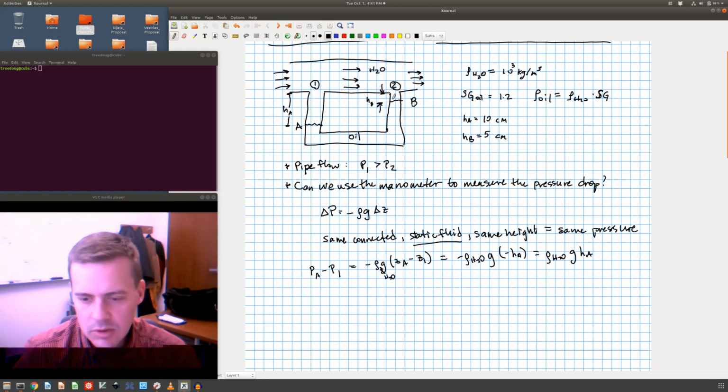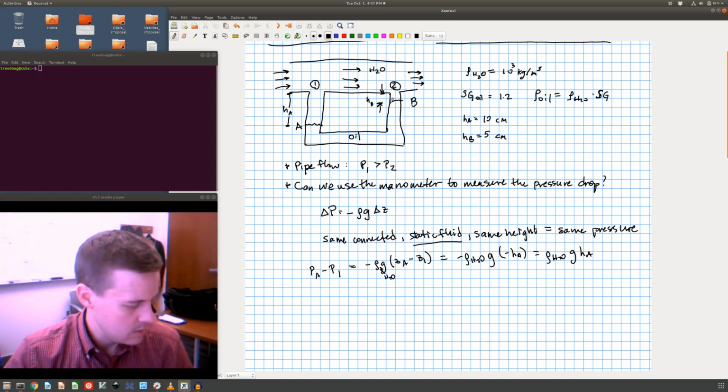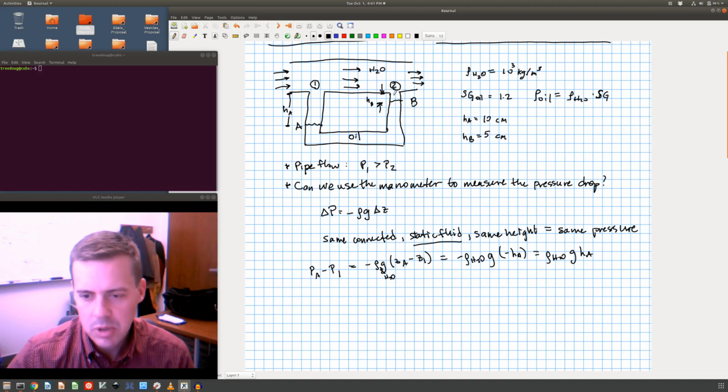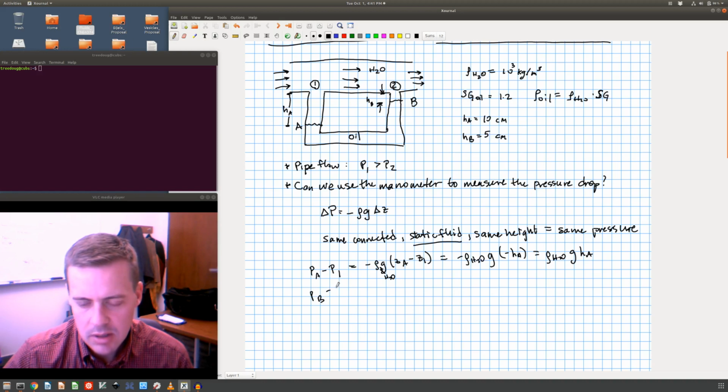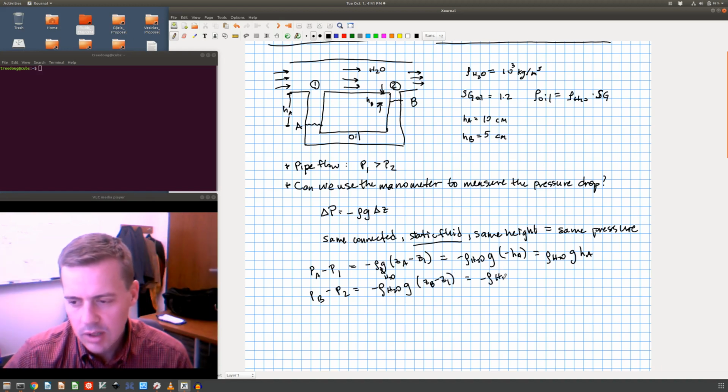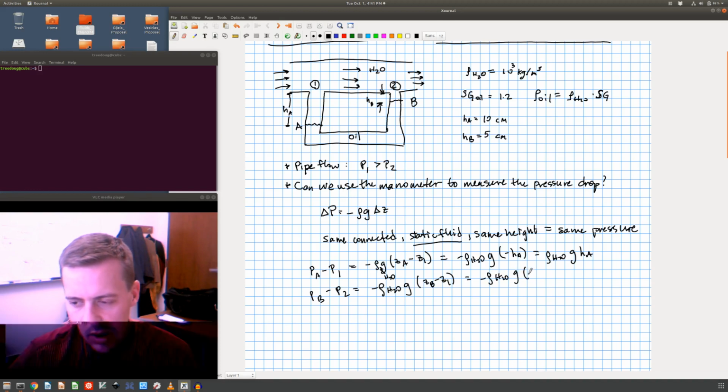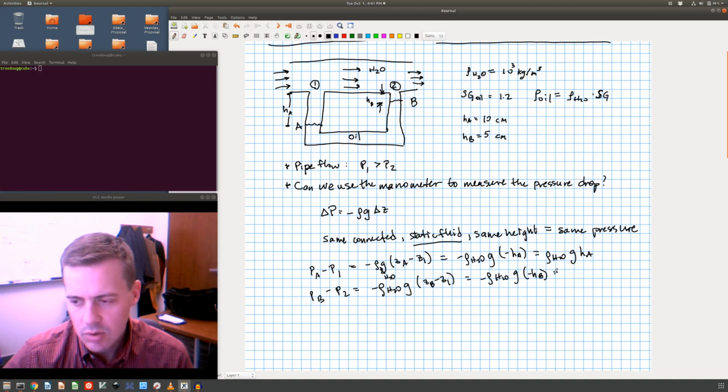The next one I want to do is on this other side. I'm going to have P2 and PB. So let me say PB minus P2 is going to equal minus rho H2O G times ZB minus Z2, which will be minus rho H2O G times minus HB, which equals rho H2O G HB.